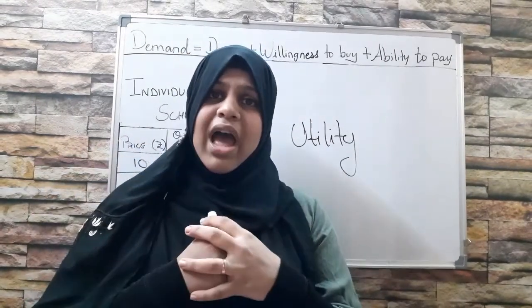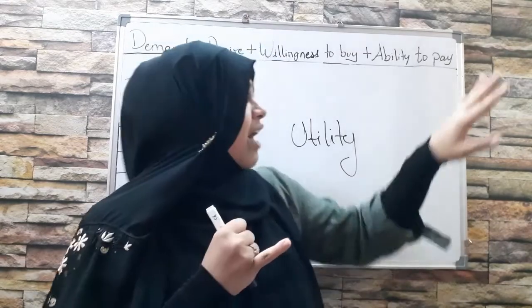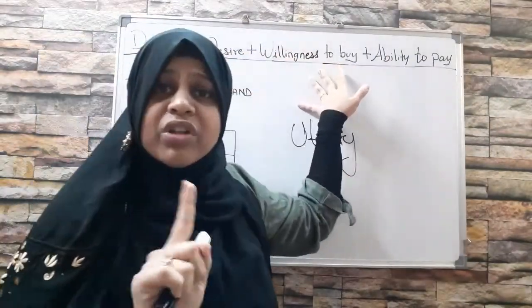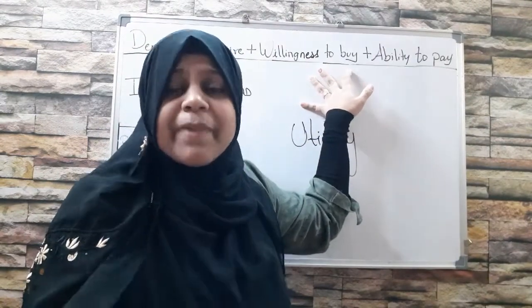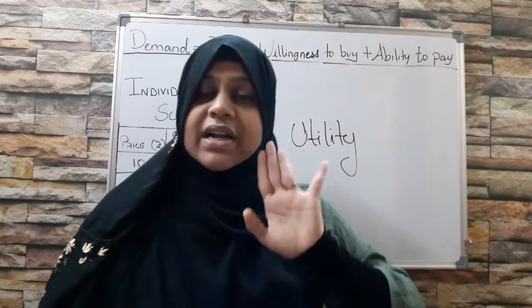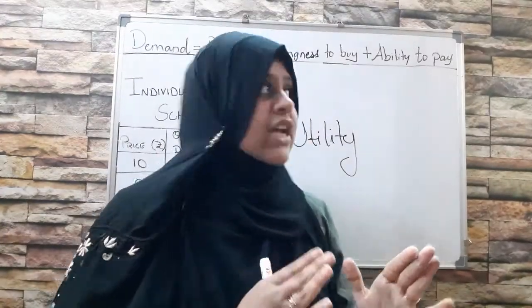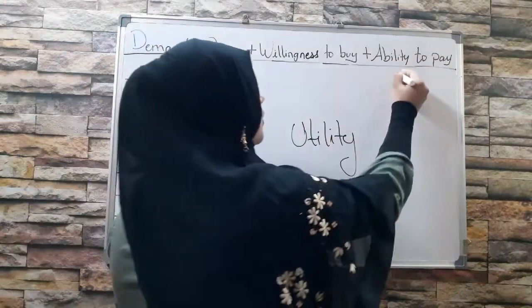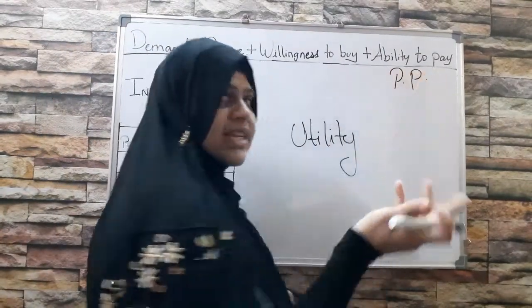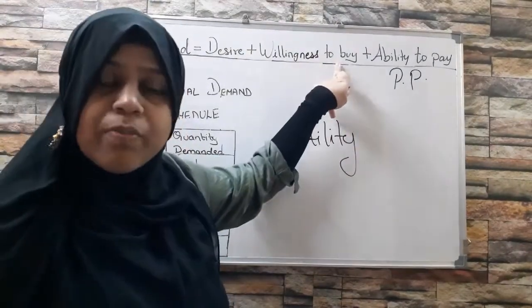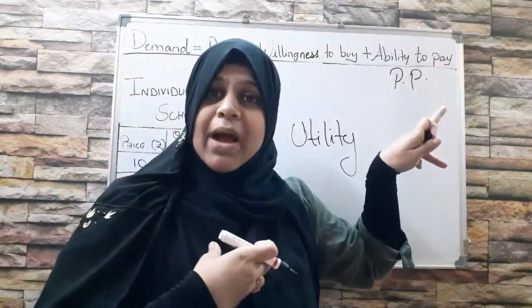So even if you have the ability to pay and you have the desire, but you don't have the willingness, you don't have the heart to spend, then this desire will never become a demand. You need the ability to pay, that is your purchasing power or the money that you have, and willingness to buy. It should be coming from inside you.